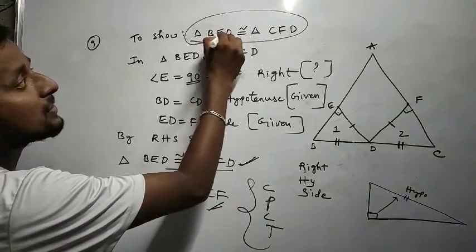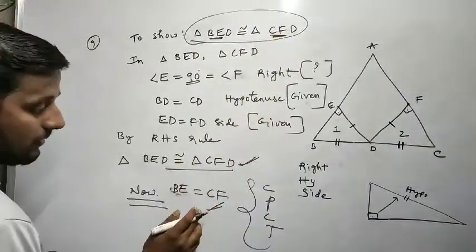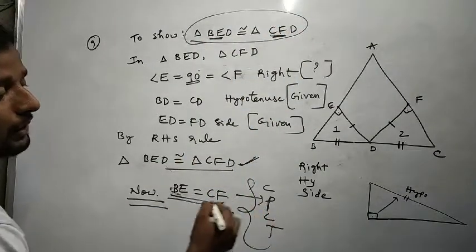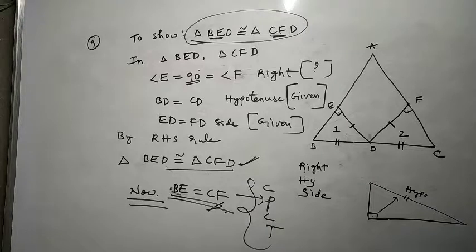Look at BE, first two letters, and CF, first two letters. So these two are also equal by the CPCT rule. These are the problems which are solved using congruence rules. If a diagram is given in the question, you have to focus on which rule will work in the problem, so try to find it.